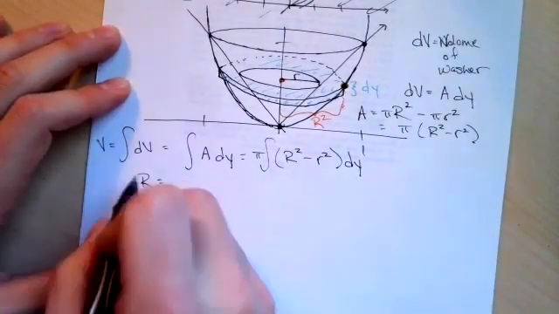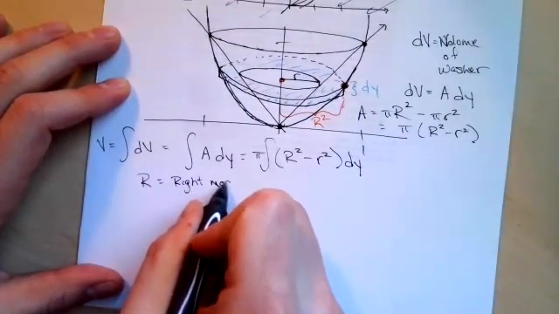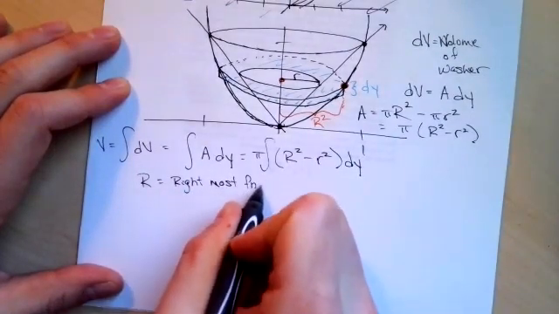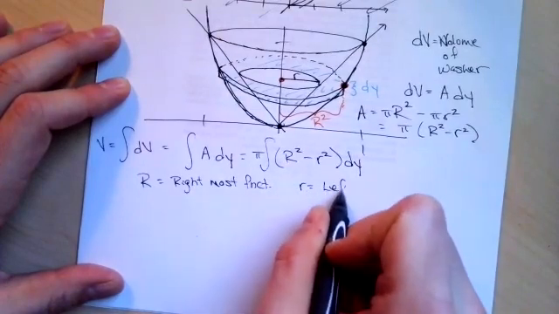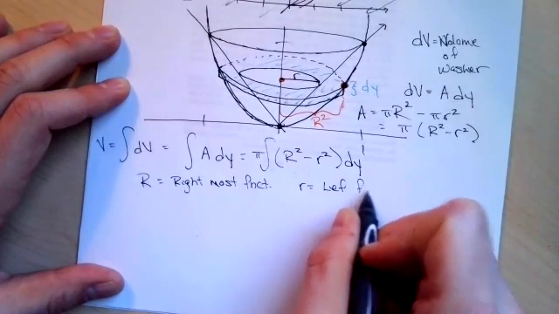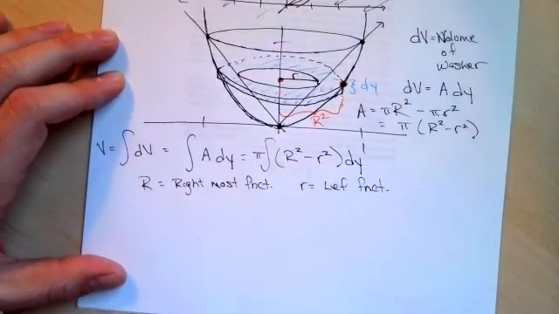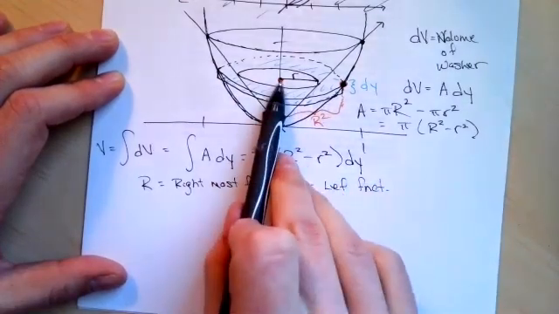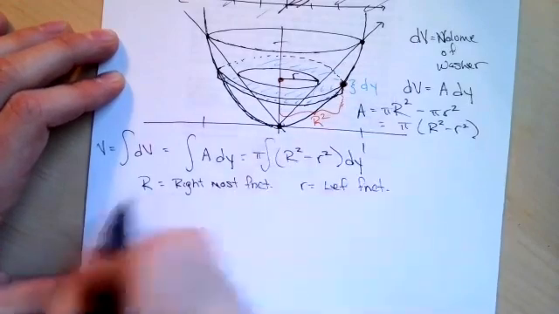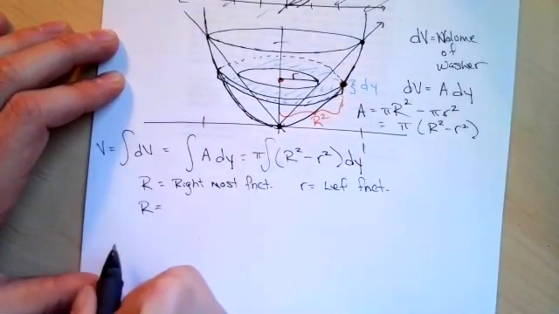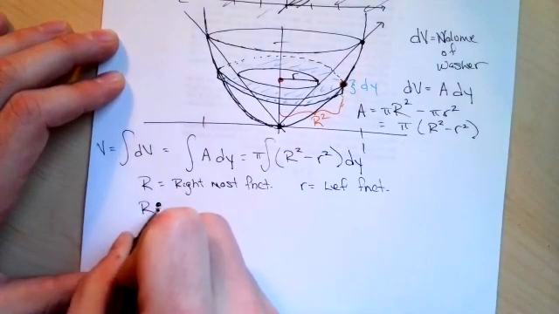So the big R is going to be the rightmost function. And of course, little r is our left function. So big R, we're going from 0 up to the parabola. And here, let's put big R, let's put a colon.